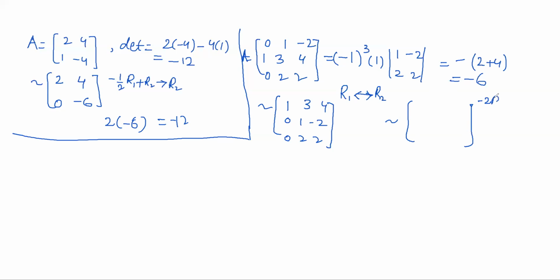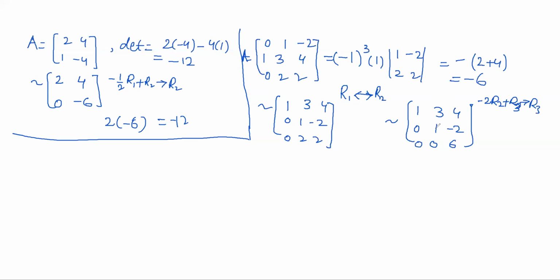Minus 2 times row 2 plus row 3 is equal to row 3. So it will be 1, 3, 4, and now 0, 1, minus 2. You can see that from here, 2 minus 2 is 0, and then we multiply by minus 2, it should be plus 4 plus 2 is 6.